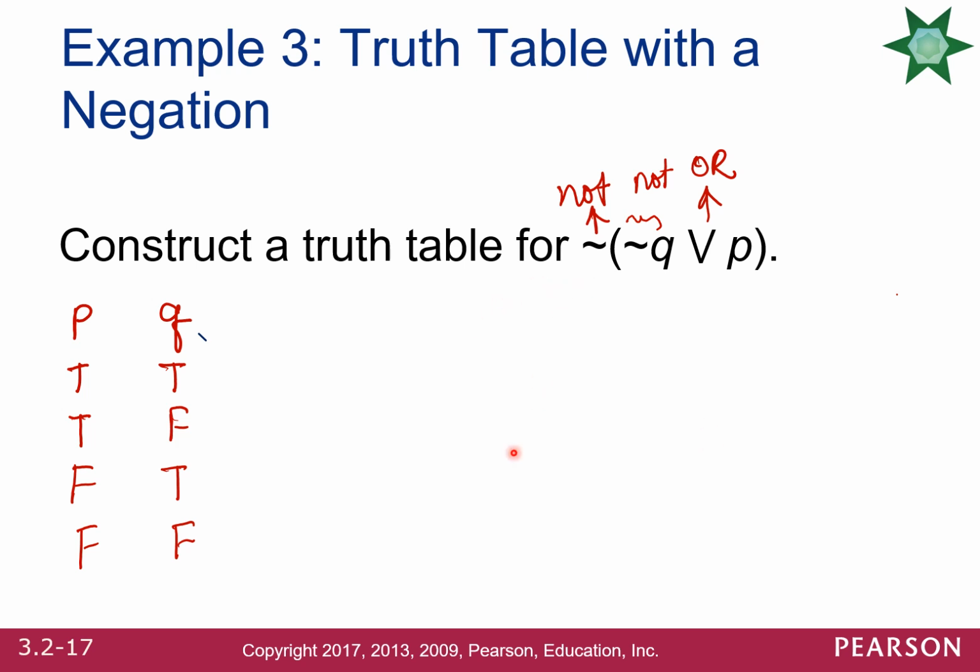All right, so we have a tilde here, and I'm going to write the tilde. So we have the first tilde outside the brackets, and then we have the brackets. And within the brackets, we have a not. So there I'm going to write not Q. And then we have the or symbol.